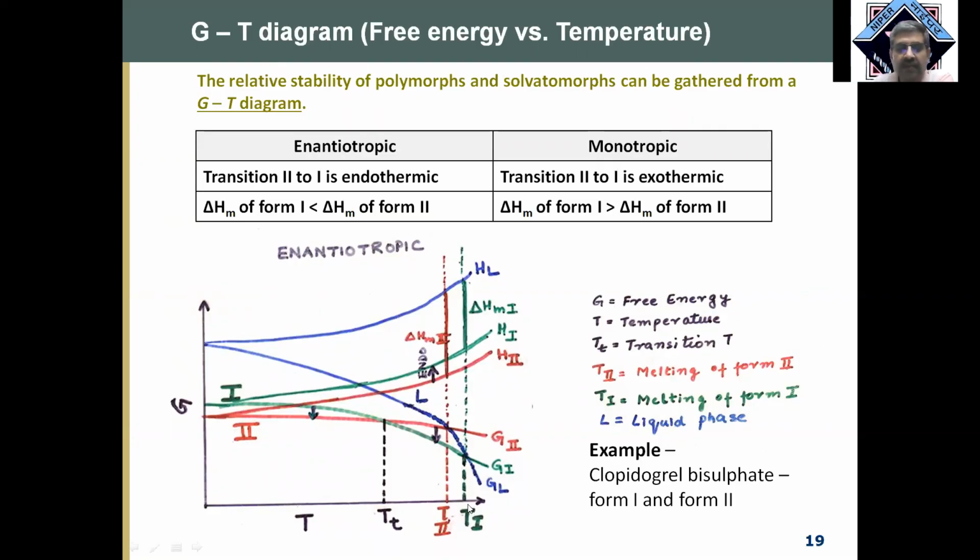Obviously, when the free energy of the solid phase meets that of the liquid phase, that is the point where the melting takes place. So this is the melting point of form 1, while this is the melting point of form 2, because here G2 meets GL.